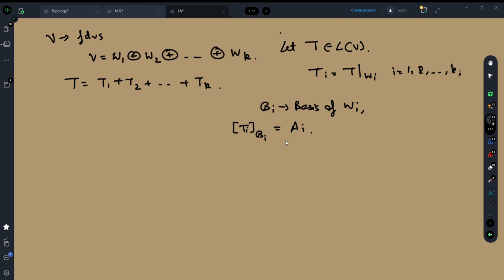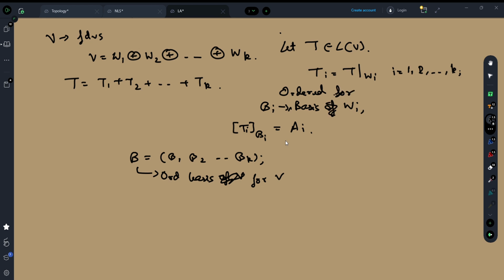Then if you form a sequence of these basis elements according to the T invariant subspaces you have, then you get an ordered basis for V. Right? So if you arrange this like B1, B2 until Bk, then this forms an ordered basis of V.